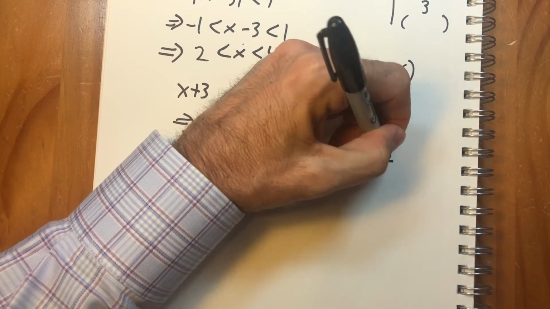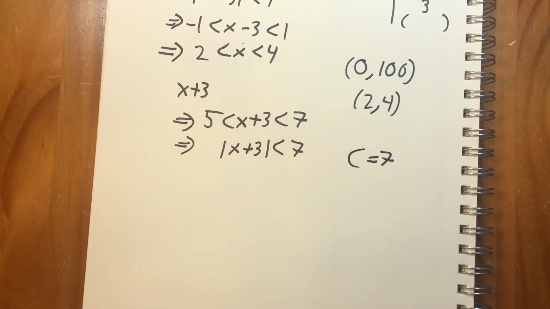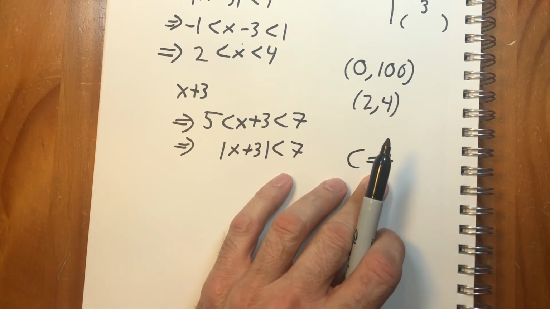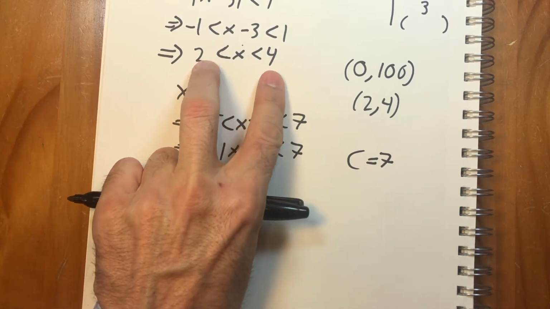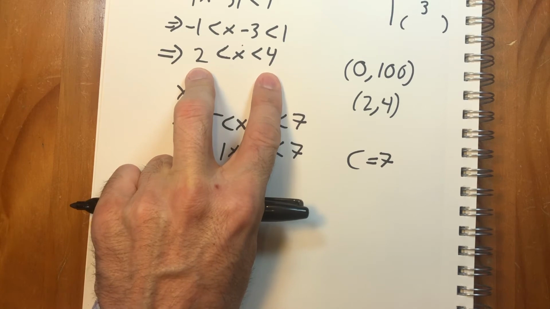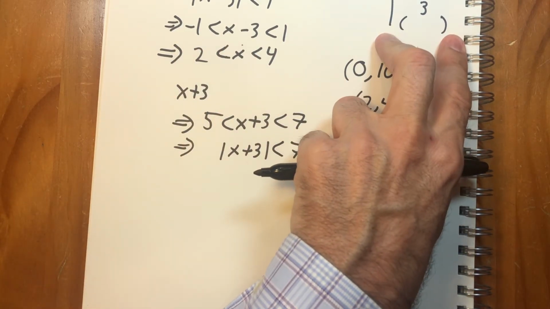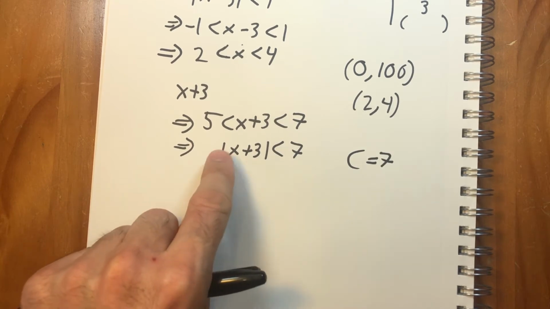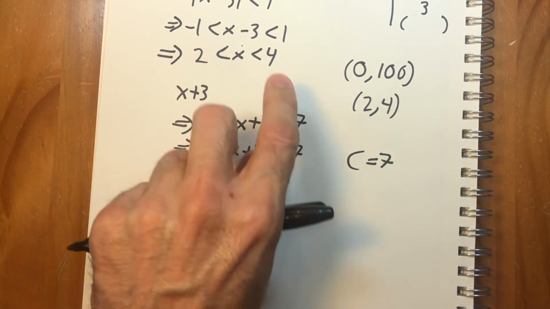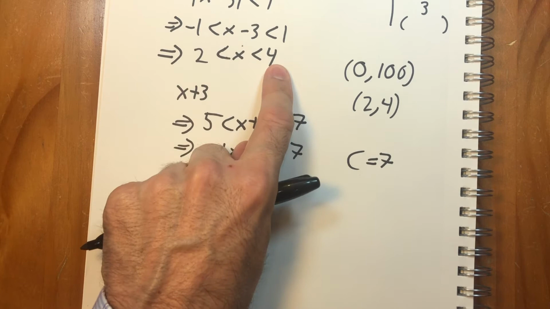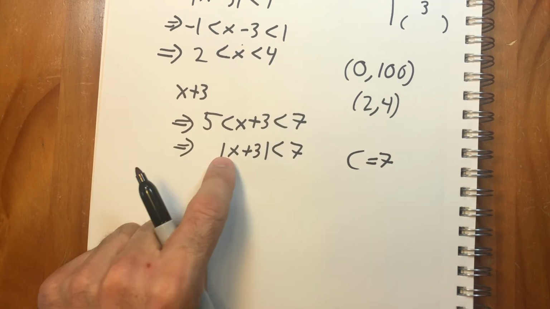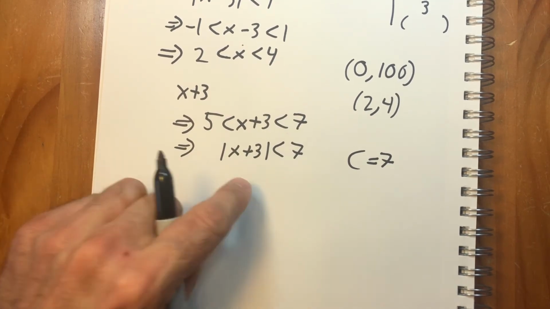So that means that we can choose 7 to be our C. Okay, so we're just picking this 7 from our restriction of delta to 1 and minus 1 around 3. So if that's the case, then that means that x plus 3 is never going to be bigger than 7 because we're restricting x to be no bigger than 4. So c equals 7 can be our upper limit for x plus 3.